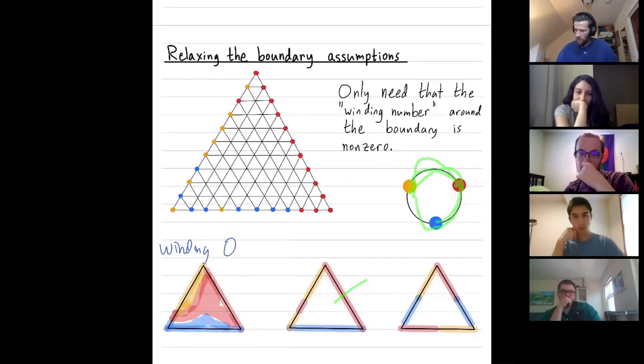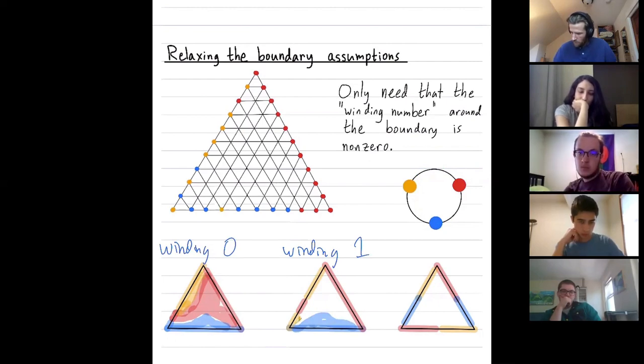So I wrapped around once. And no matter how you color this in, you will have a rainbow colored triangle. Maybe this is one possible coloring.